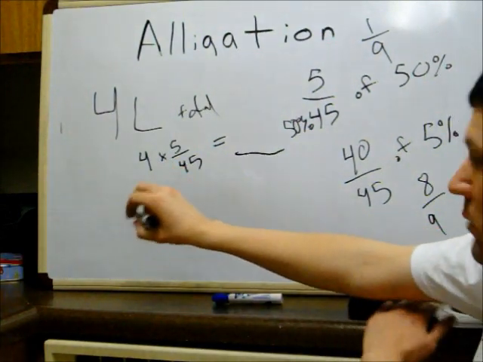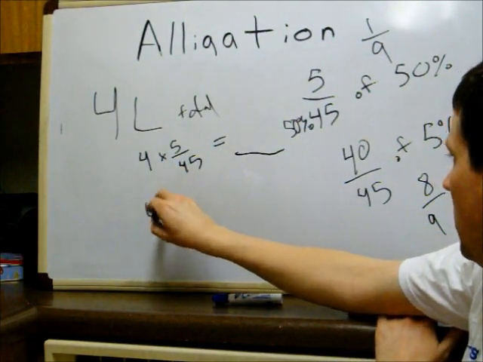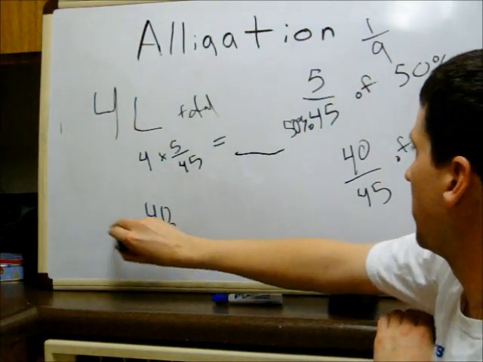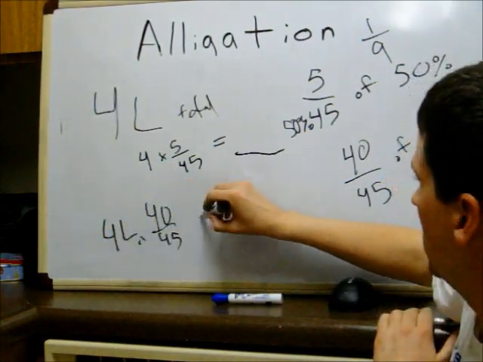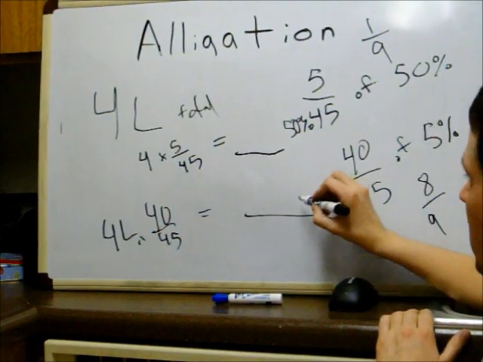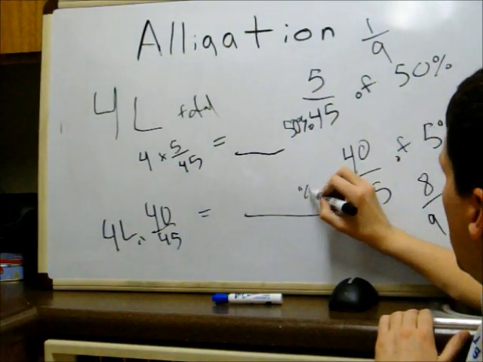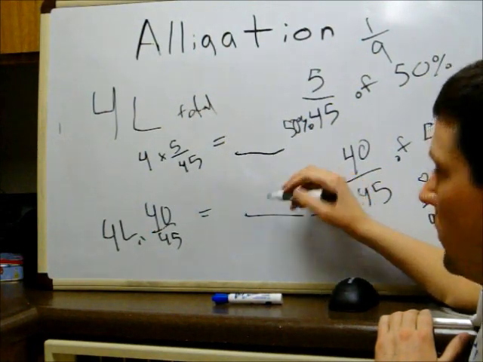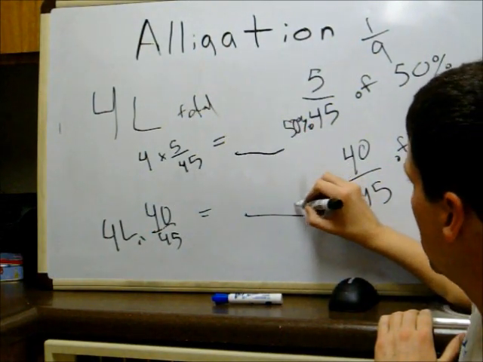And then we're doing the same with the other one. So that's 40 over 45 times 4 liters. And that equals the number of liters we're going to add of our 5%.